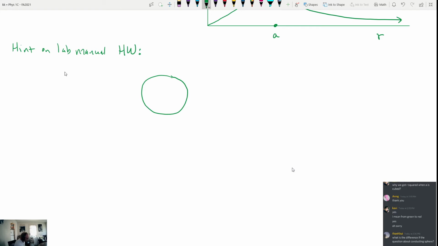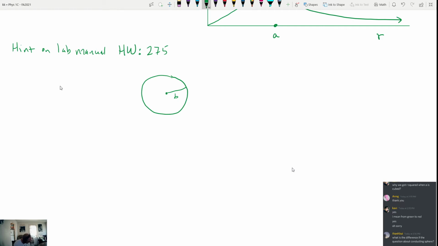So the problem that this is related to is problem 275. In this problem, you have a non-conducting cylinder, okay, that's insulating. It has a radius of b. Ah, dang it, that's the wrong one. That's a cylinder problem.